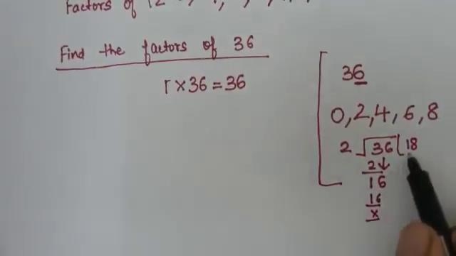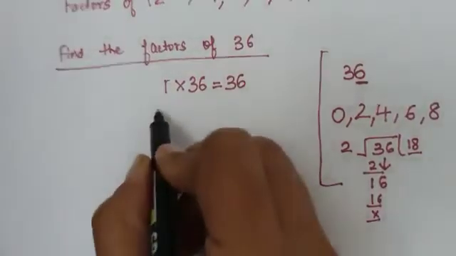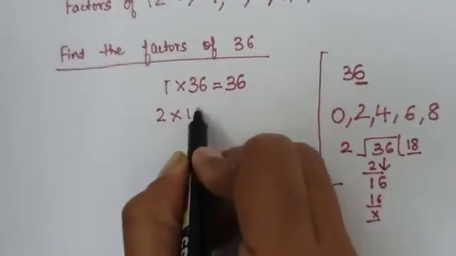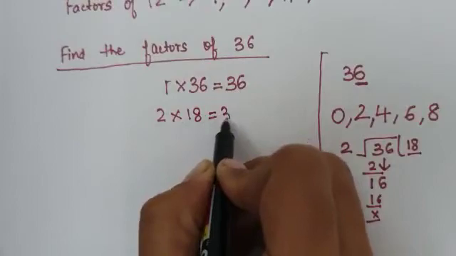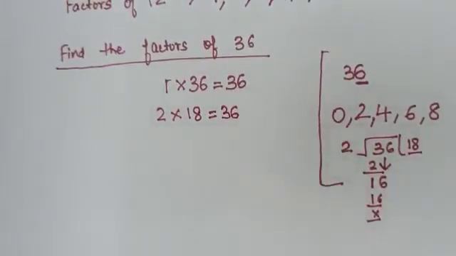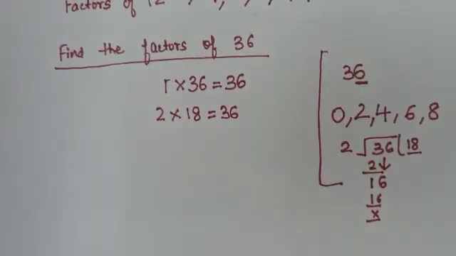So now you know that 2 multiply 18 is equal to 36. Now students, next we have to move to the next table, that is 3. Again we will check by division. Yes na?